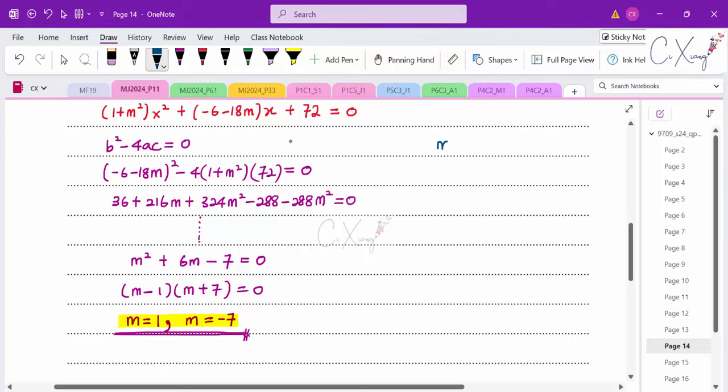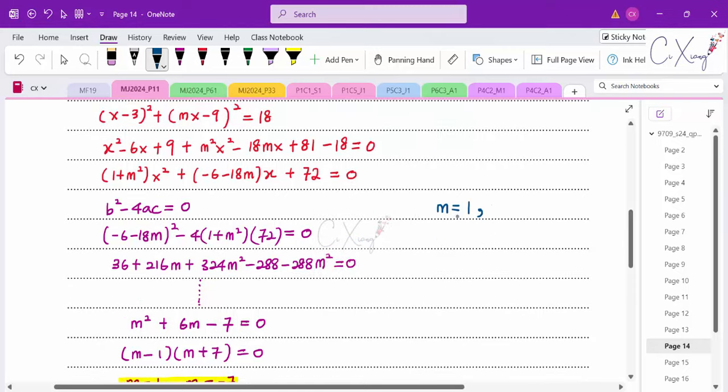I'll write it out here. For m equals 1, substitute m equals 1 into my quadratic equation with the m. So 1 plus 1 here, you're having 2, so 2x squared. Then simplify, you're having negative 24x plus 72 equals 0.